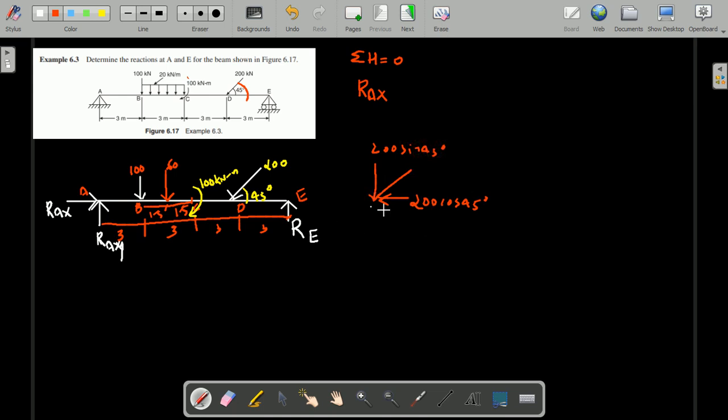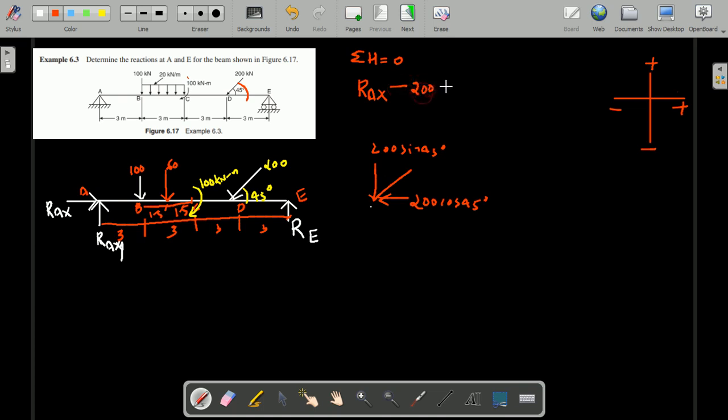Now we are having one horizontal reaction, that is RAX, along the positive direction. I have shown you the sign convention. Just I will write the sign convention here. Upward is positive, this side positive, and the others negative. So RAX is positive, and this 200 cos 45 is negative.